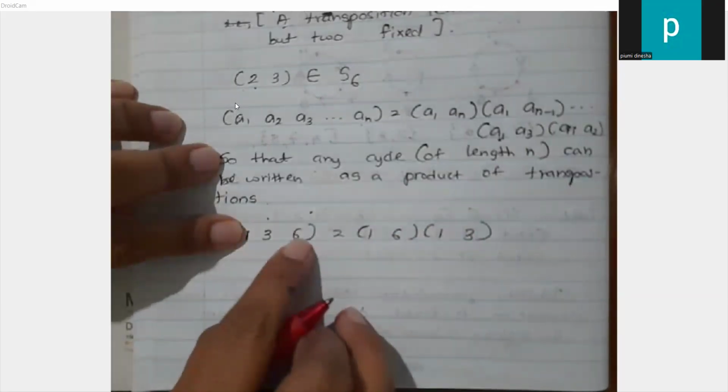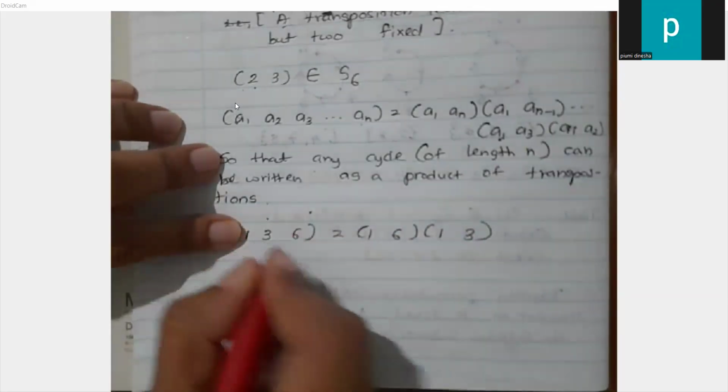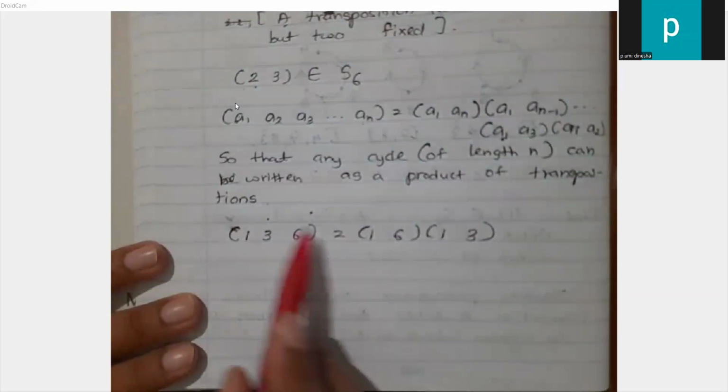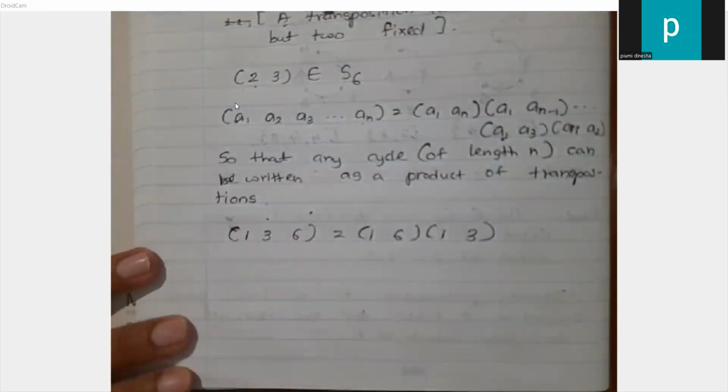First element and the last element, and then you take the first element and the one before the last. Likewise, you continue until you get to the first two consecutive elements, right? So you can write this cycle as the product of these two transpositions.